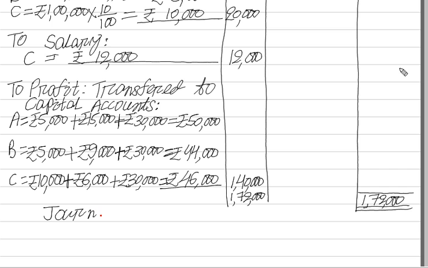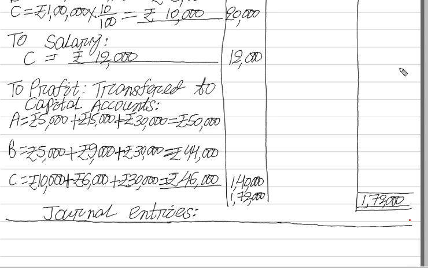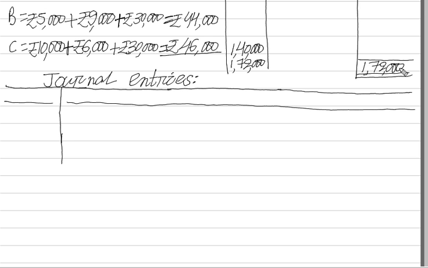Journal entries, this is the date column, ledger folio and debit credit columns.